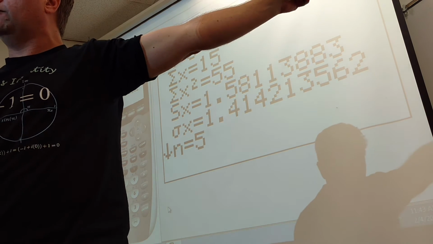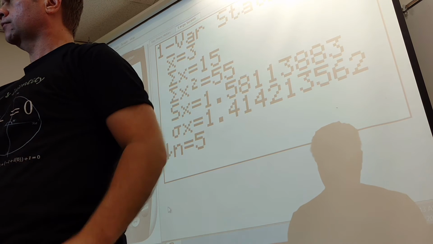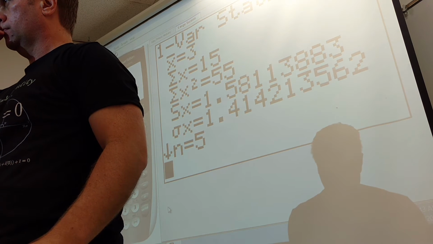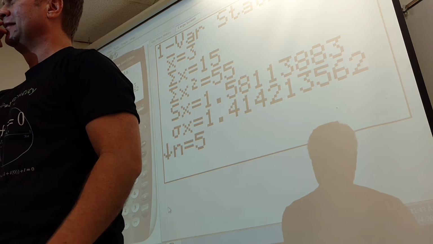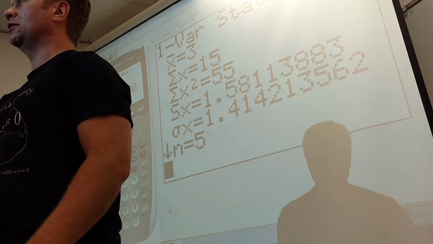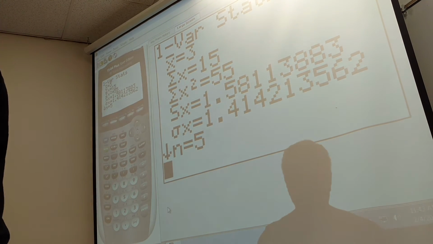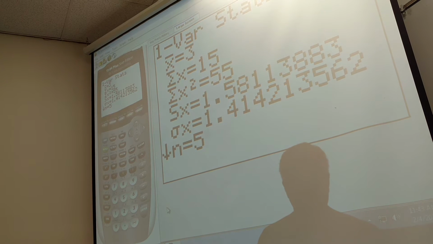Now let's see what the formula would look like. How does it figure out what's different? Doesn't it matter? No. Population? Not at all. It's really nifty.